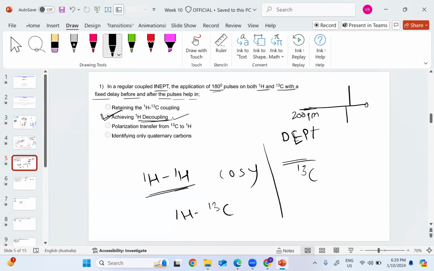So in this manner we observe the signals in DEPT 135. This is the difference between DEPT and 13C. There is not much major difference, but I will show some spectra for this DEPT as well as COSY or the 1H-13C correlation spectra.